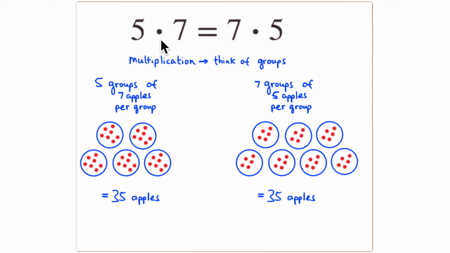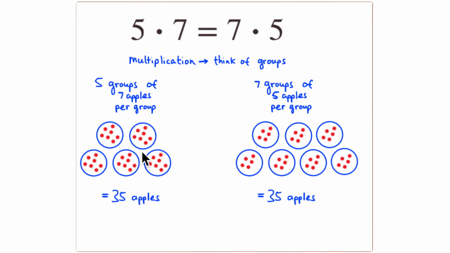If you think of multiplication as groups of things, I have 5 groups of 7 things in each group, or 7 groups of 5 things in each group. This one on the left is 5 groups of 7 apples per group, so I have a total of 35 apples. That looks very different from 7 groups of 5 apples per group, but I still have a total of 35 apples.